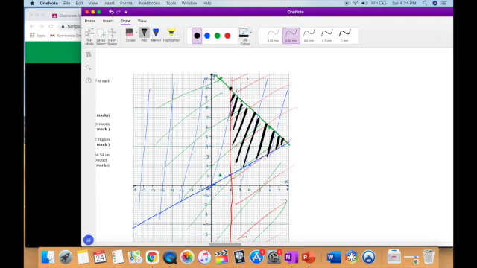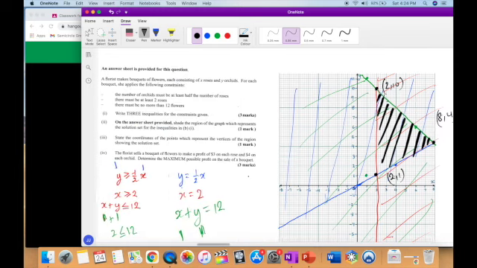That is (2,10). And remember, I'm not accurate there, so I hope that you have it accurate. What are the coordinates for this one? That one should be (8,4). And this one? (2,2). Nice. So good job, guys.